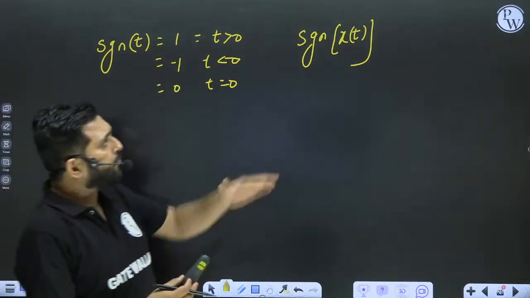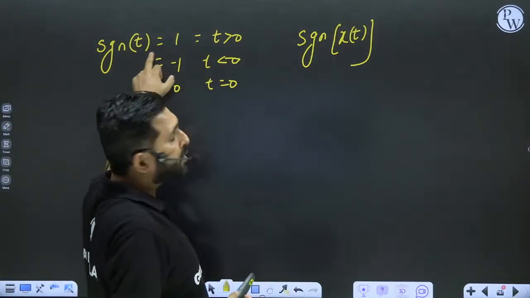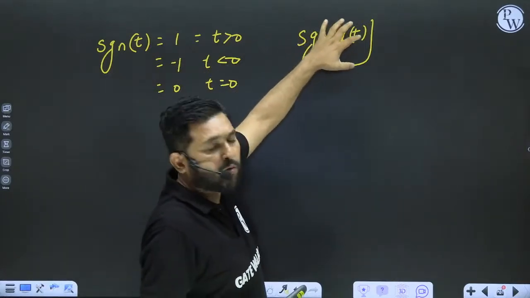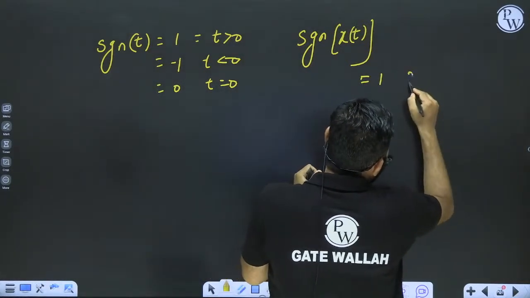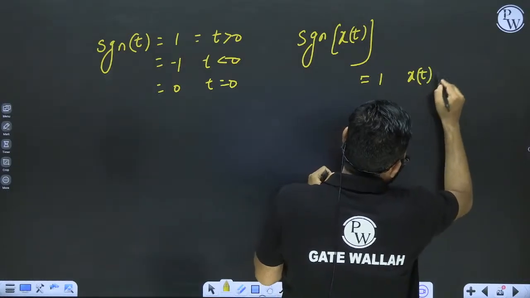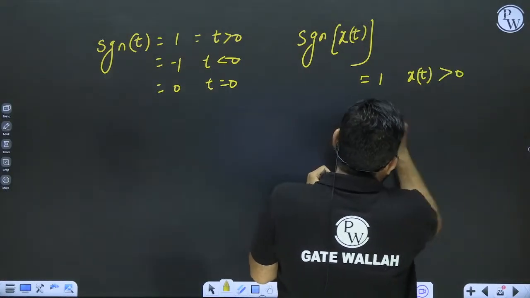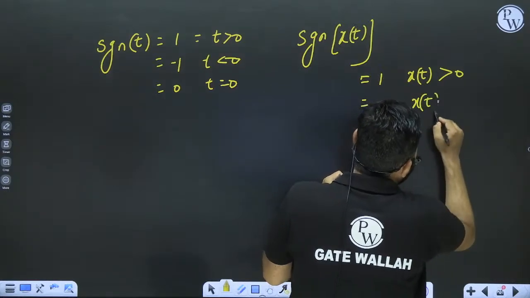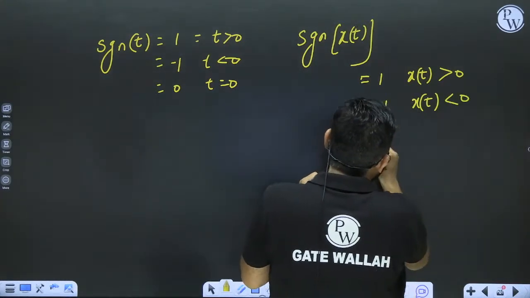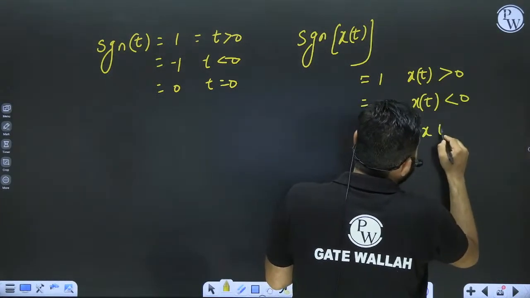See, Signum of t denotes the sign of t, so Signum of x(t) denotes the sign of x(t). It is 1 when x(t) is greater than 0, minus 1 when x(t) is less than 0, and 0 when x(t) is equal to 0.